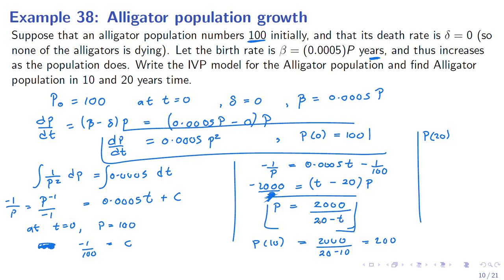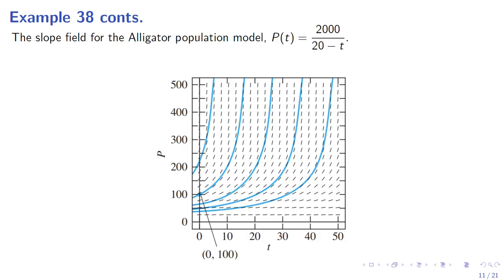If I apply t of 20, then P of 20 approaches infinity, because we get a divide by 0 at t equals 20. In 20 years time, even though this is a really small population growth rate, the population is going to be infinitely many. This is absurd. We need some deaths in this population. Otherwise they will close the globe.